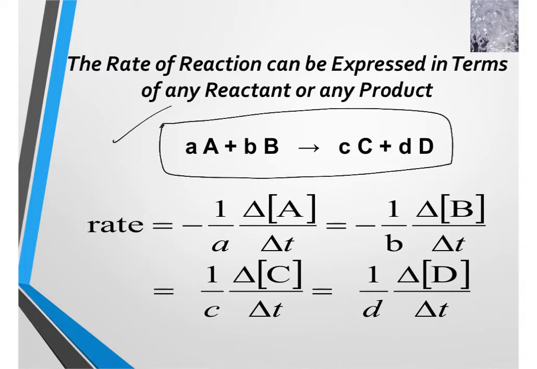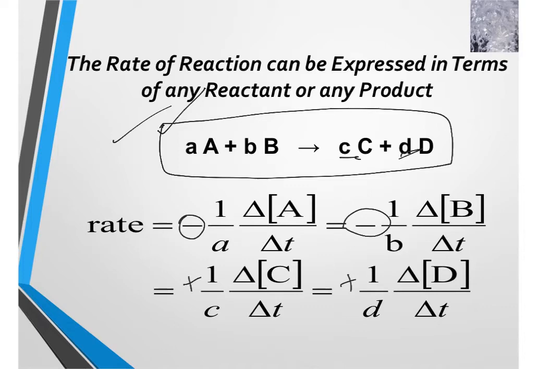So let me give you the generic formula for the rate of reactants and products, and then we'll do some specific examples. So we have this generic equation there. And for any reactant, you're going to put a negative sign in first. And then, of course, the products, C and D, will have positive signs. They'll be increasing over time.